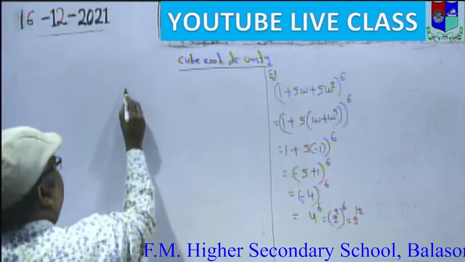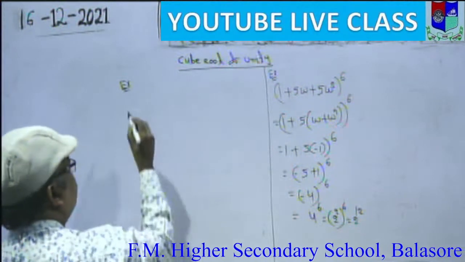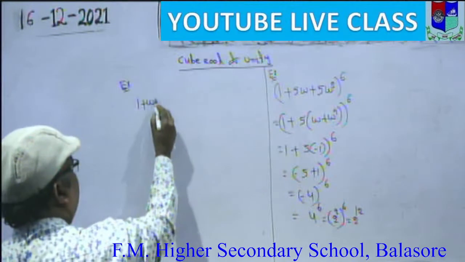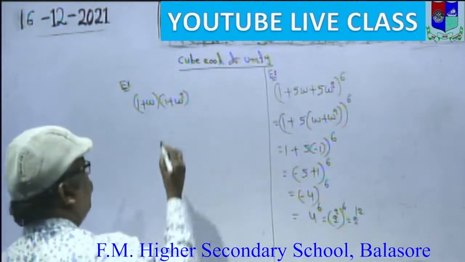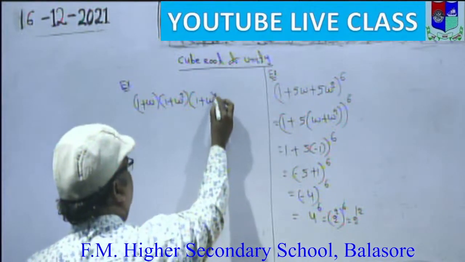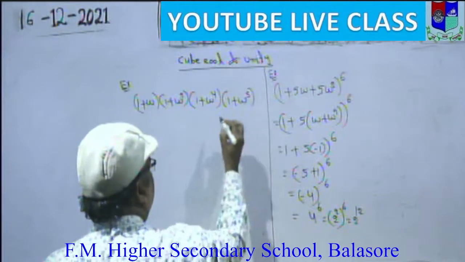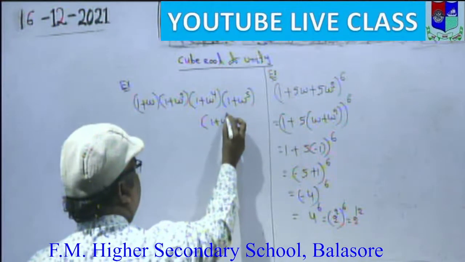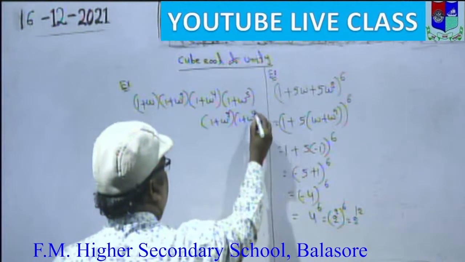Another example. One plus omega into 1 plus omega square into 1 plus omega fourth into 1 plus omega fifth into 1 plus omega to the power 7 into 1 plus omega to the power 8.